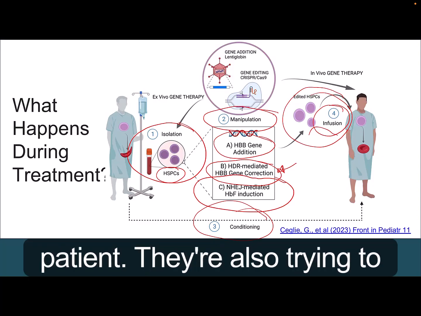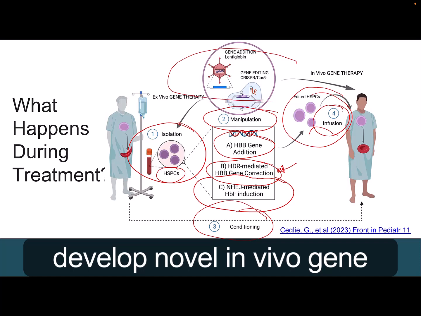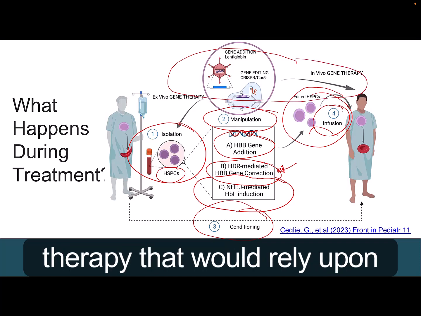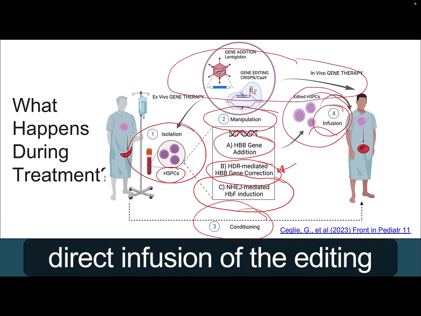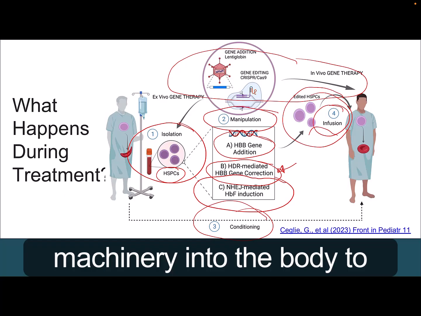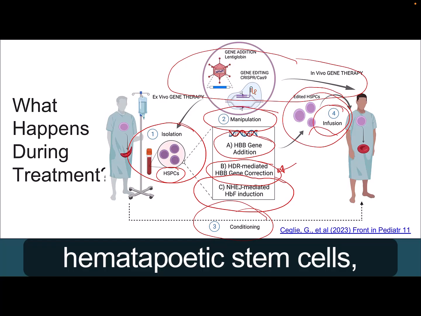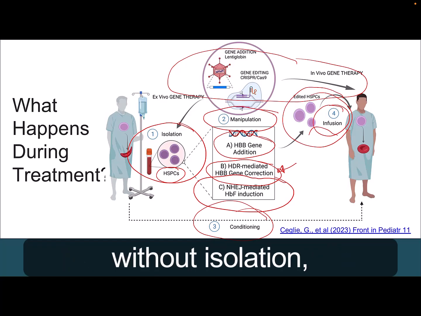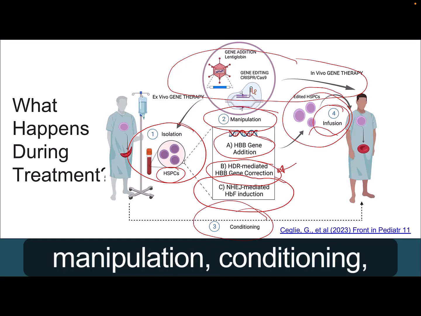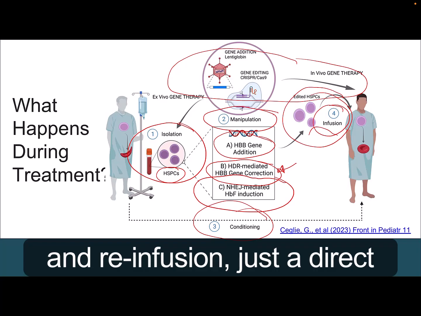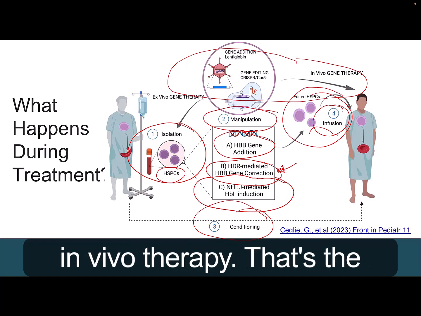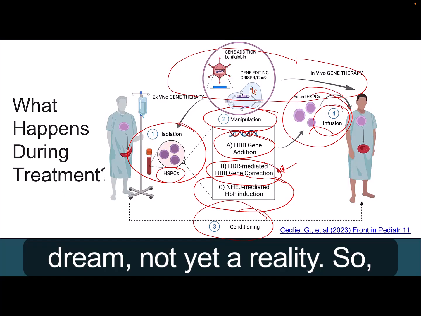They're also trying to develop novel in vivo gene therapy that would rely upon direct infusion of the editing machinery into the body to the target patient's resident hematopoietic stem cells without isolation, manipulation, conditioning, and re-infusion. Just a direct in vivo therapy. That's the dream. Not yet a reality.